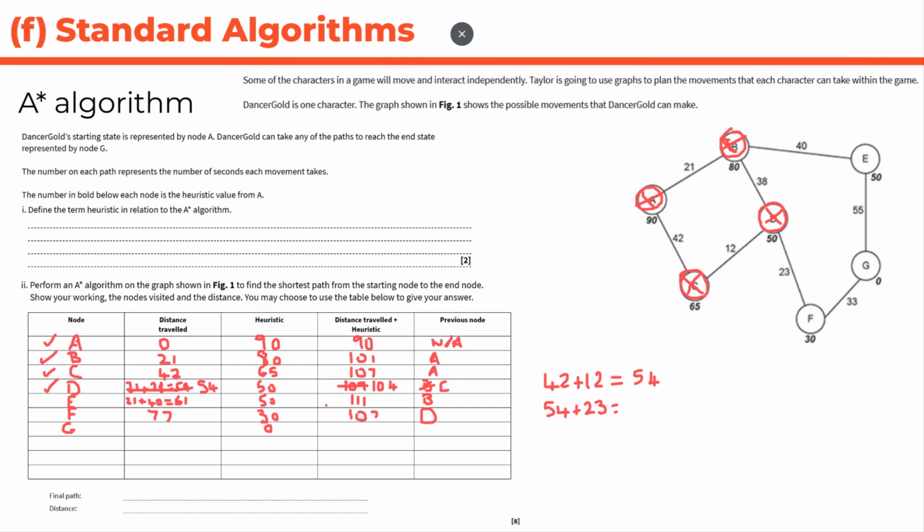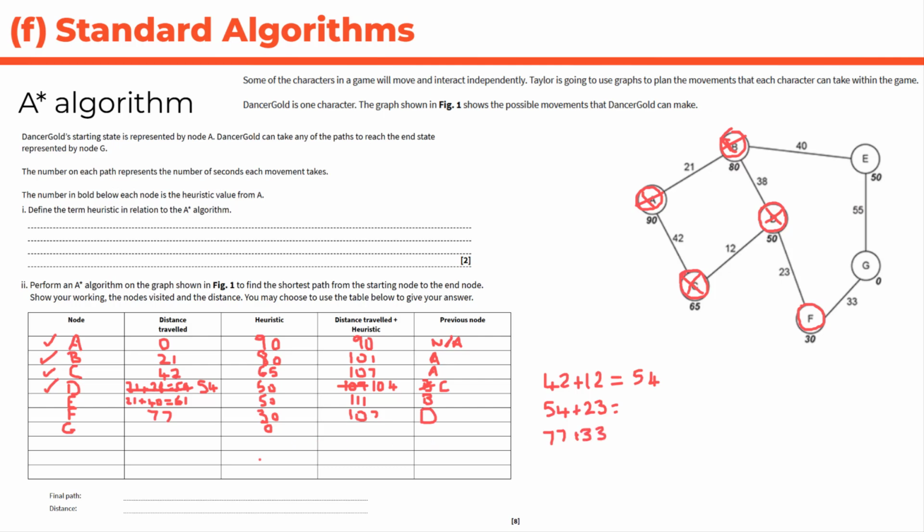Here we are. Which one's got lowest cost? 111 or 107? 107, please. Now I'm sitting at F. What was F's cost in the first place? It was 77 in total to get there, plus the cost of getting to G now, which is 33.